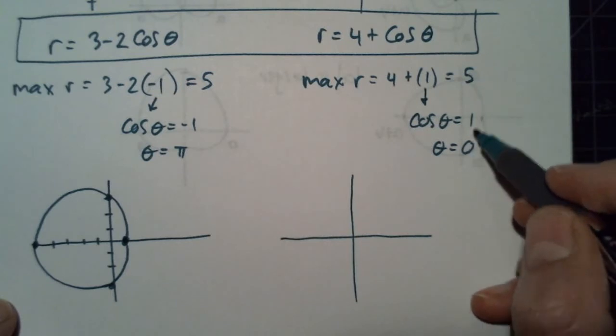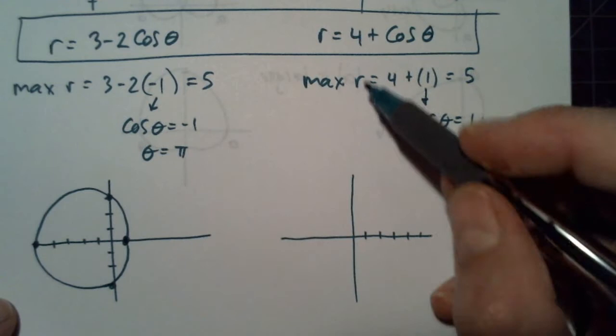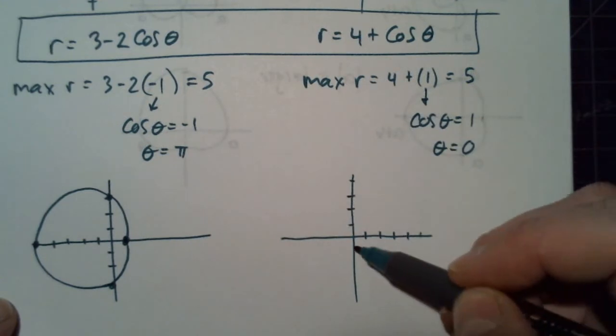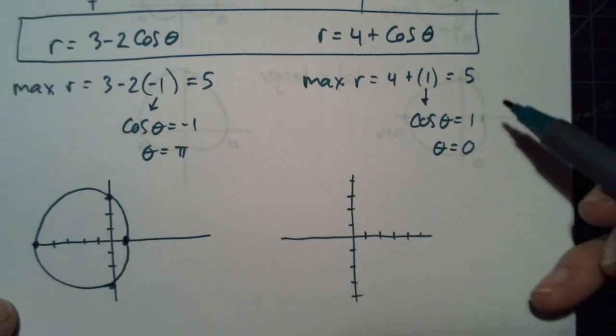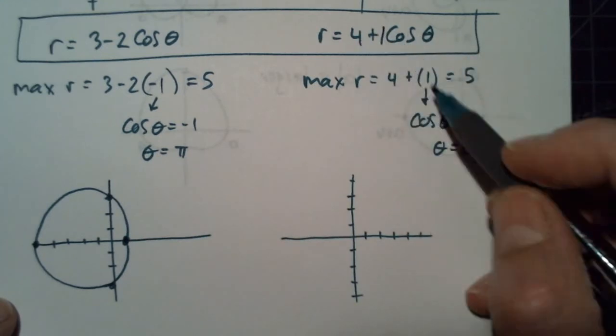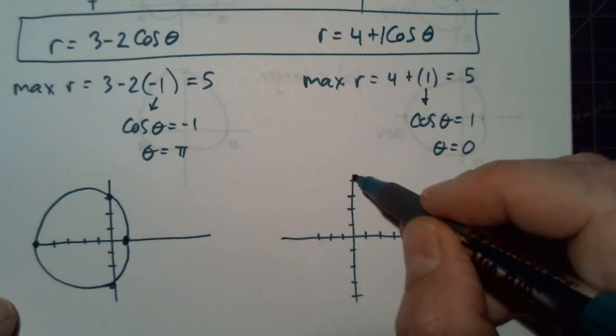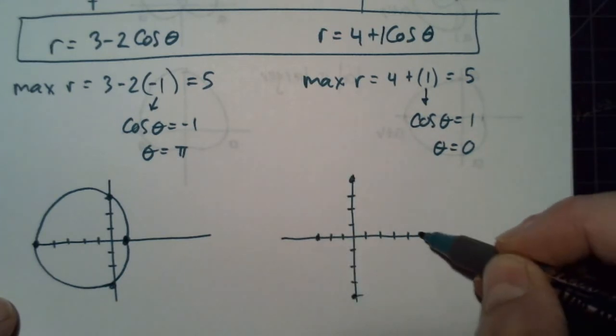So 5, at 0 we go 5. And 4 on the other line. We don't have a loop, and the difference between 4 and 1 is 3. So that means we'll go all the way out to 3 here. We'll go through these points.